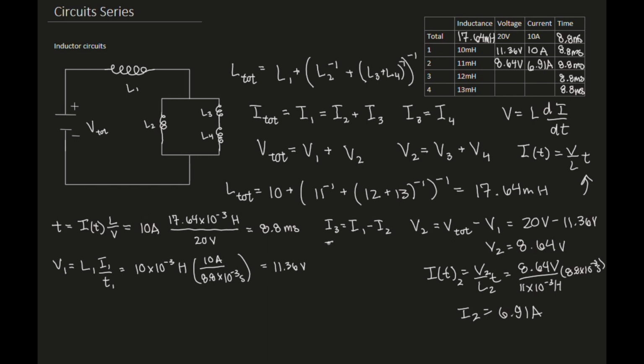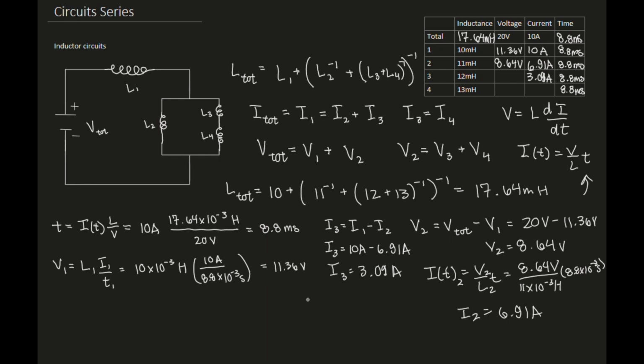So 10 amps minus 6.91 amps. I get I3 is equal to 3.09 amps, not 3.01. I can add, I promise.